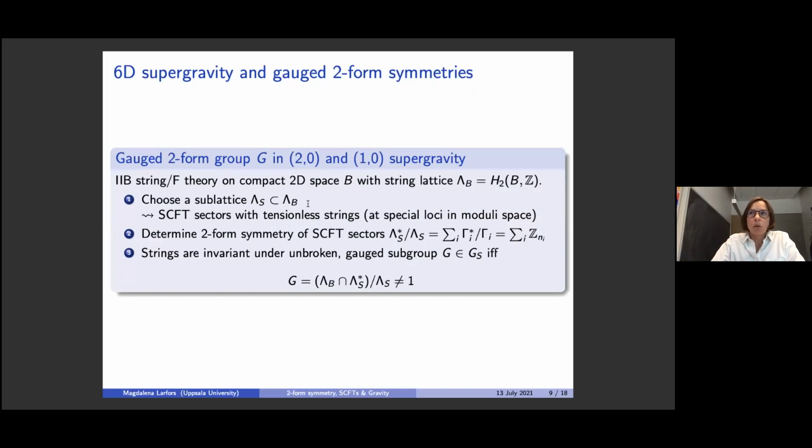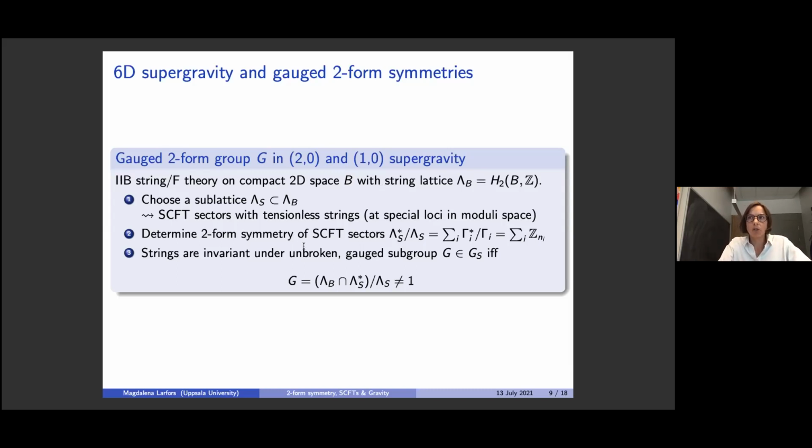Okay, so what can we do? In order to construct this coupling between SCFTs and supergravity with either 2,0 or 1,0 supersymmetry preserved in 6 dimensions, we take type 2b string theory or F theory on a compact two-dimensional space with a given string lattice, and then we choose a sublattice in that lattice. We explore the SCFT sectors that emerge if that sublattice is shrunk at some point in moduli space.